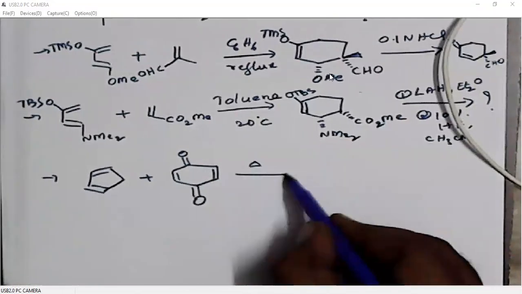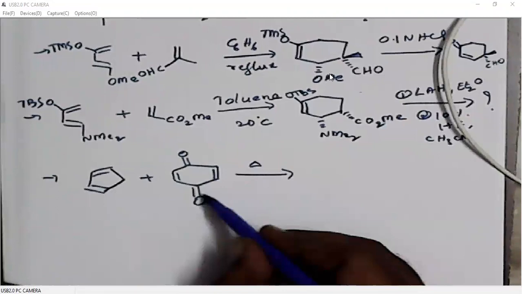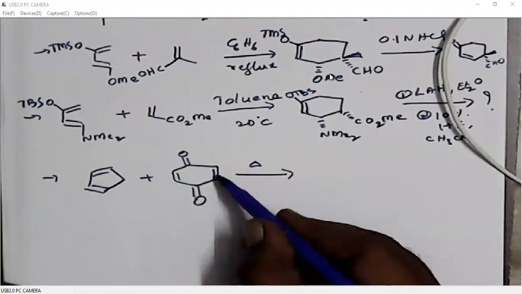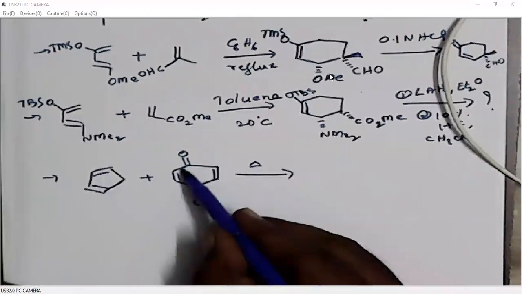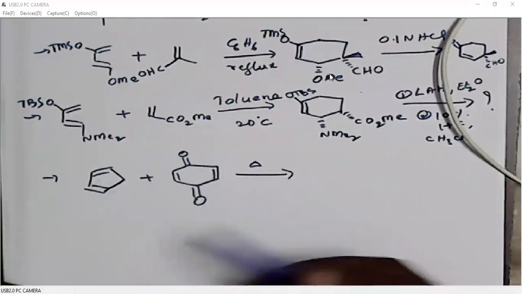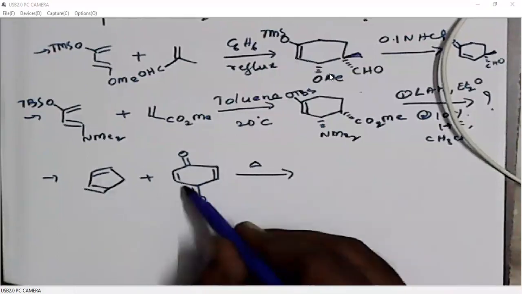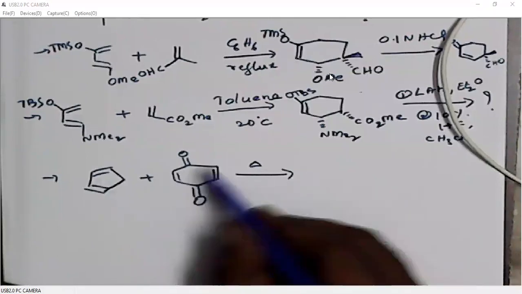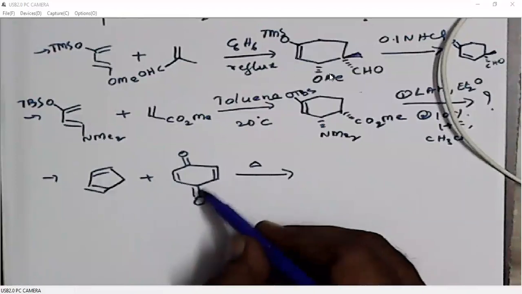As you know, C double bond O is there, an additional double bond is there. So that means these groups on the dienophile must be below the plane. But this is a cyclic system, so we don't write it below the plane.